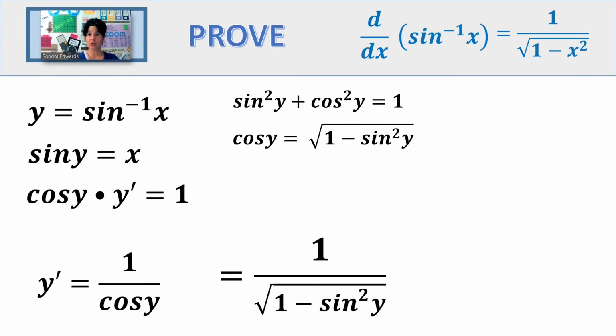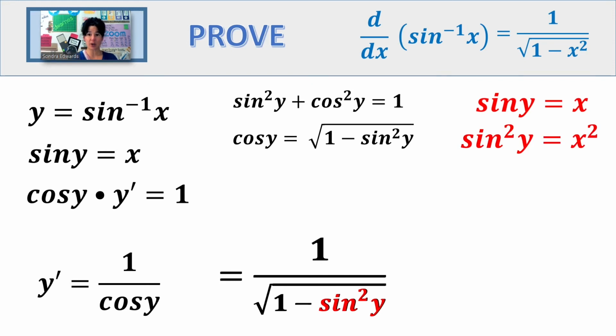We are closer to getting this to look like 1 over the square root of 1 minus x squared. Because remember, there's sine squared of y, come back right there, x is equal to the sine of y. Creating a little space here, I'm going to move that over there. If I square both sides, sine of y multiplied by sine of y is sine squared of y, and x times x is x squared.